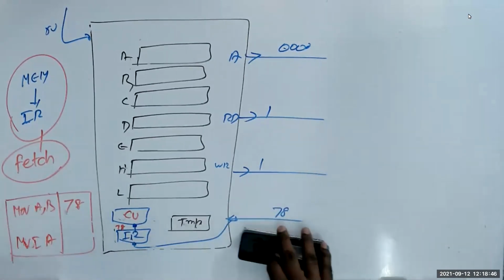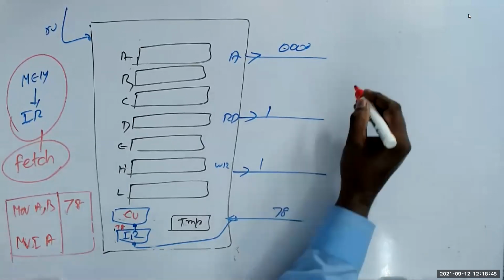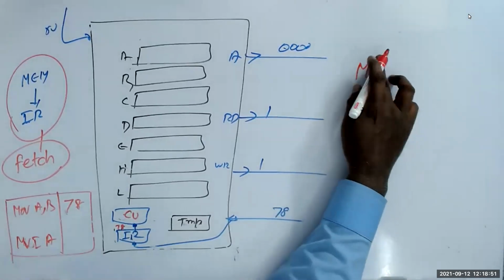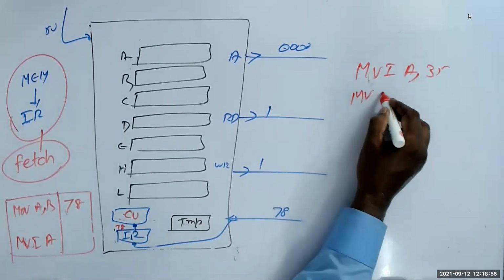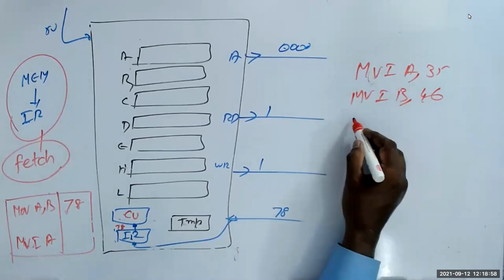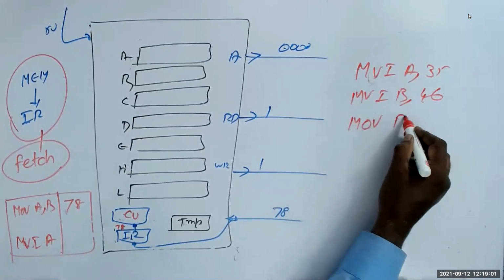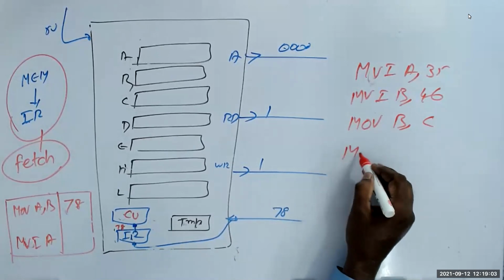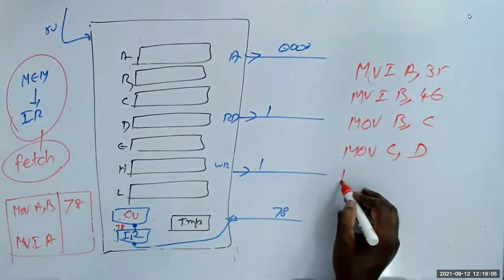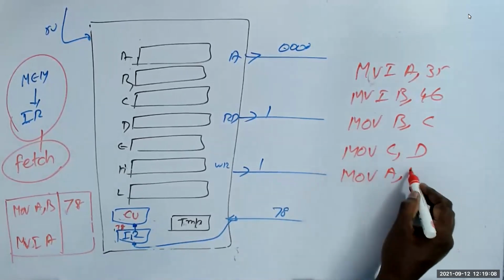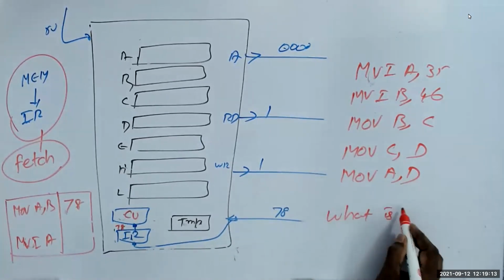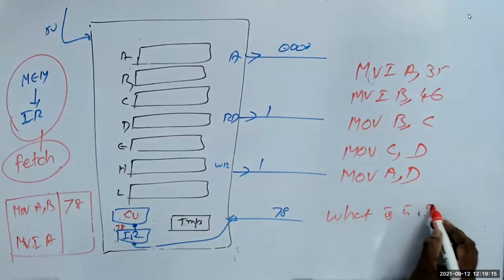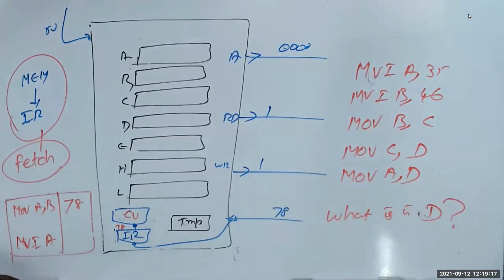You should know that if you write: move immediate A, 35; move immediate B, 46; move B, C; move C, D; move A, D. If I ask you what is in D, you should be able to tell me. Can you tell me now? What is in D now?